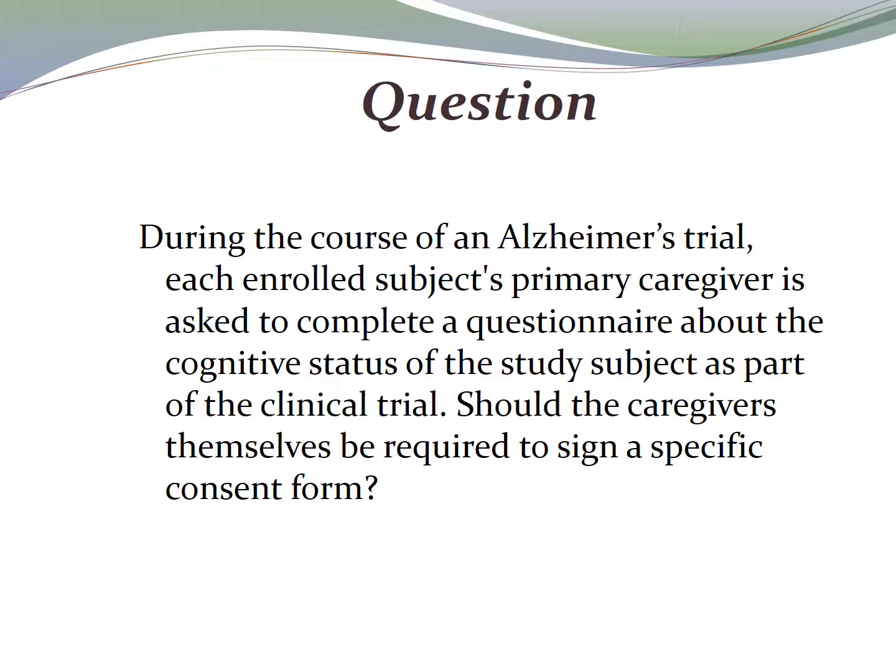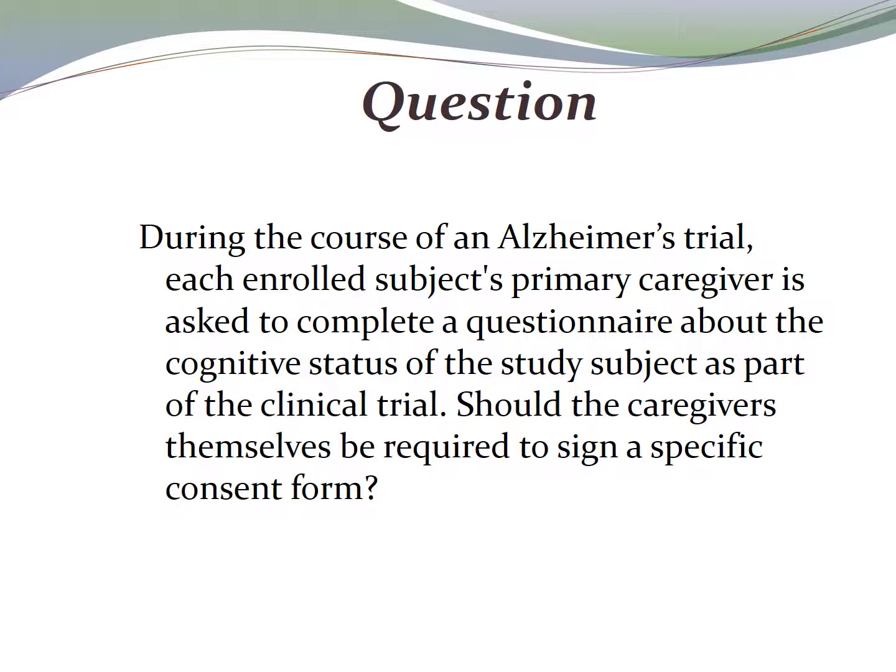In this case, this is sort of an easy one, I think. Some of the other questions I've gone through, there are more questions to be asked, and sometimes there can be different answers. But in this case, I'm going to absolutely say yes. There should be an informed consent process for those caregivers. There should be an informed consent document that's been approved by the IRB, because this data is being collected for the clinical trial.